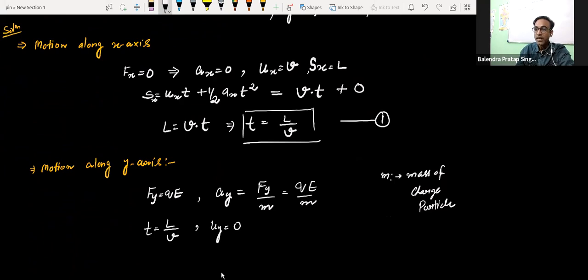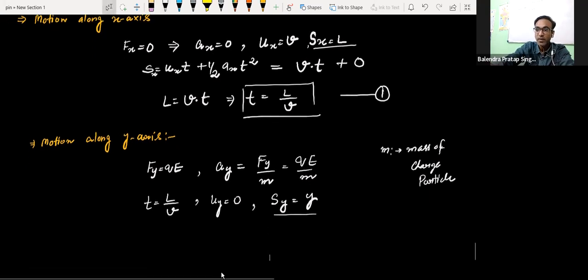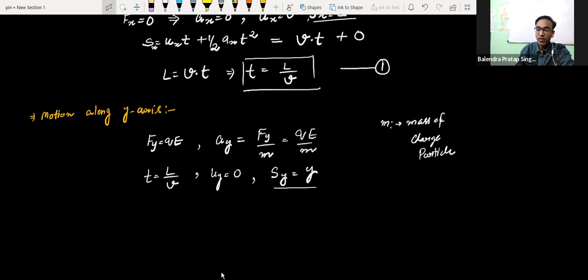The distance covered by the particle along the y-axis is small y, so Sy is small y. Here Sx is equal to capital L, and Sy is equal to small y, and this small y you have to calculate. That's the actual part of the problem. Again you can apply the formula Sy is equal to uy t plus half ay t square.